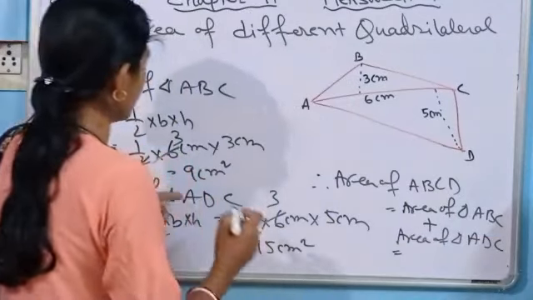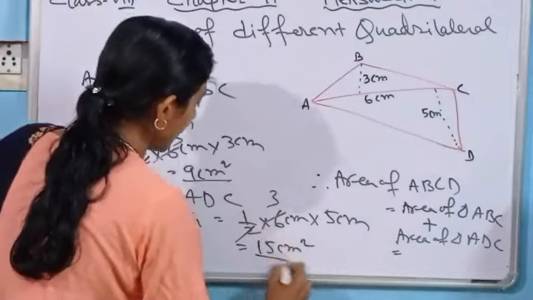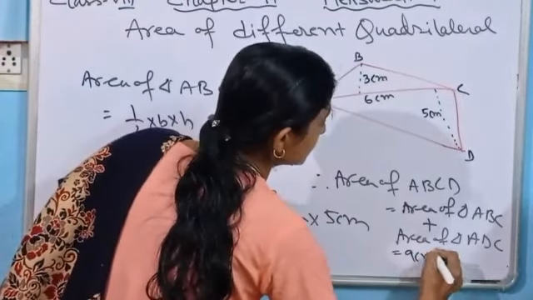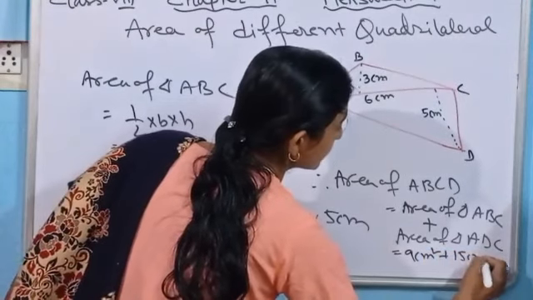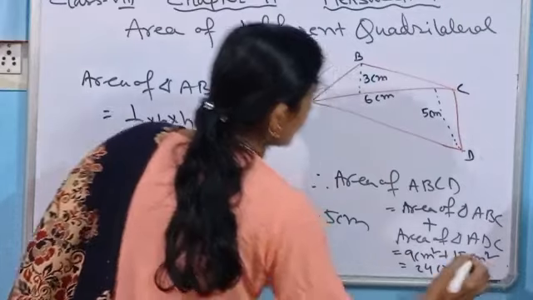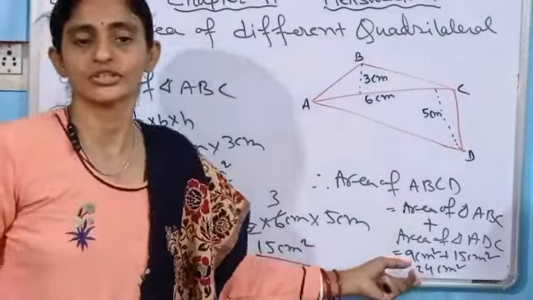And what is it? That is equal to 9 centimeter square plus 15 centimeter square. These two we will add up. So after adding these two, that stands for 24 centimeter square. So the whole area of this quadrilateral is 24 centimeter square.